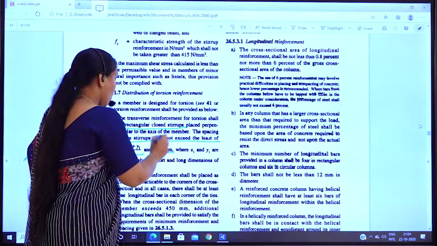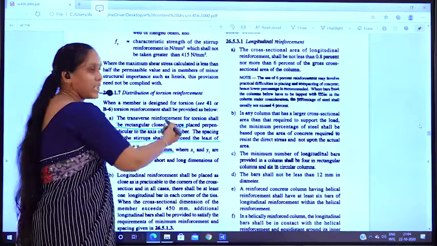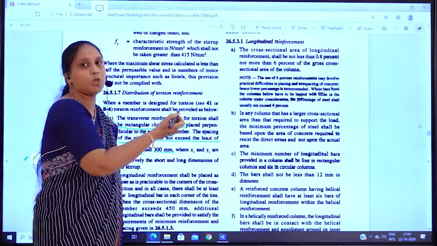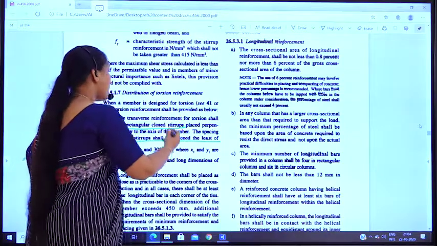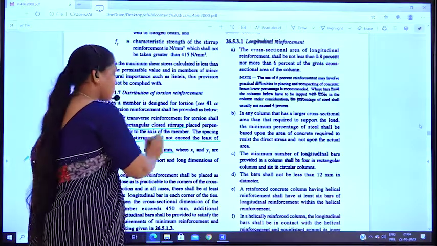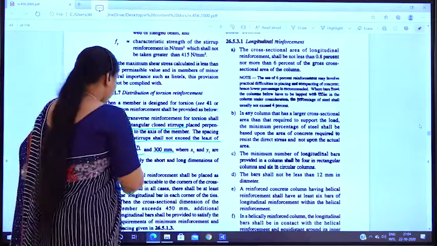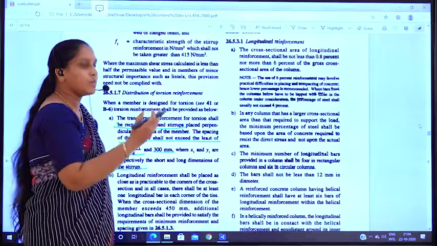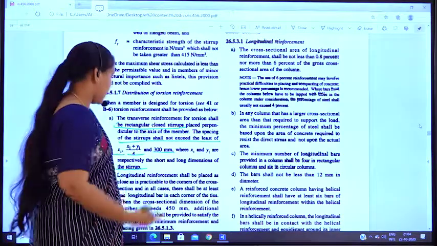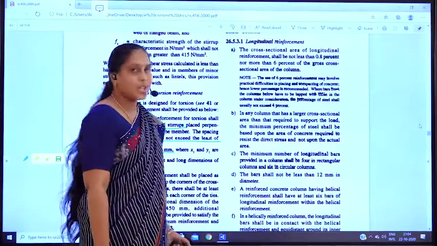So out of these, the least value you have to consider, and the spacing you calculated previously using the transverse reinforcement equations should not exceed the least of these values, where x1 and y1 are the short and long dimensions of the stirrup. So x1 is the short dimension and y1 is the long dimension of the stirrup. So this is how we have to distribute the torsion reinforcement.